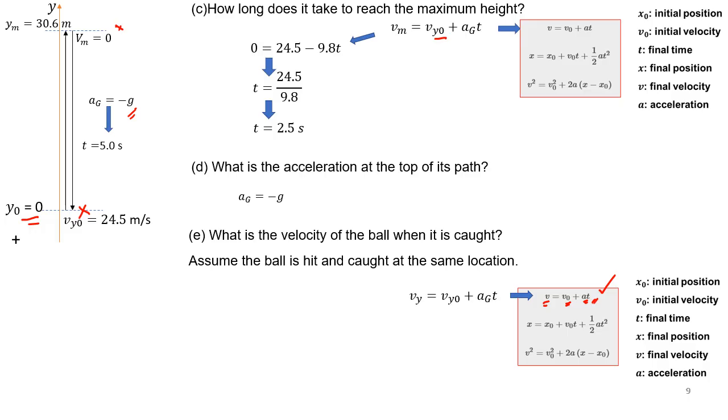Substituting for t, we get vy, the final velocity, is 24.5 minus 9.8 into 5 seconds, which turns out to be minus 24.5 meter per second.